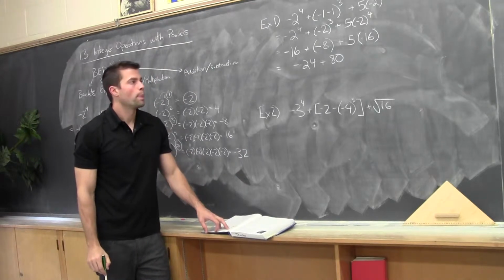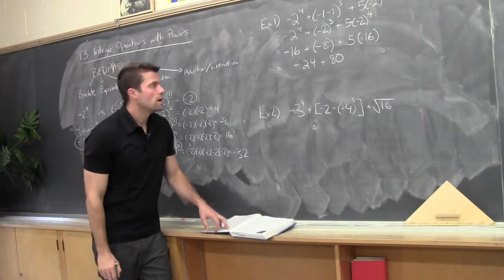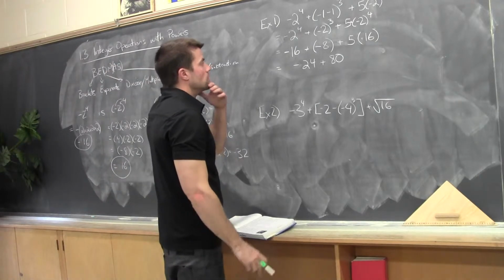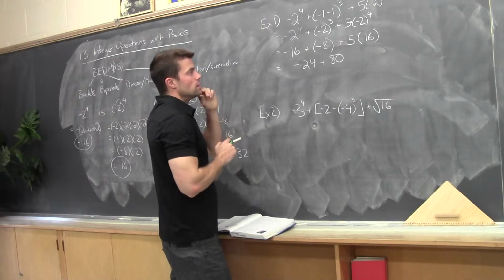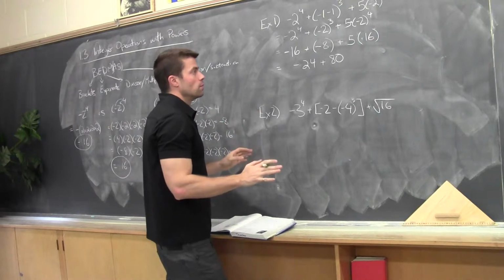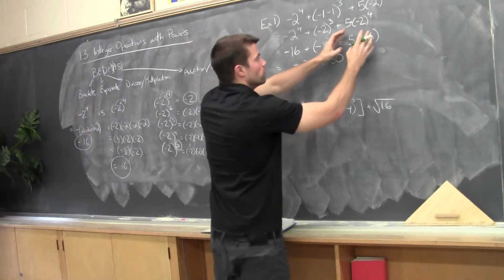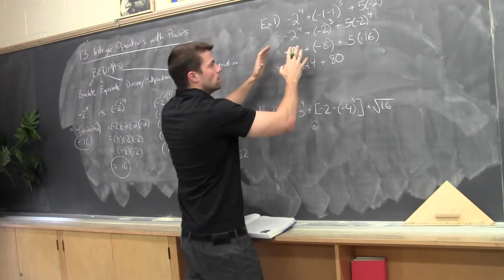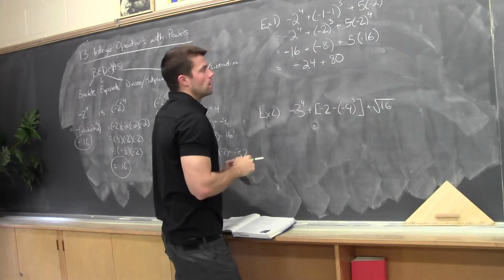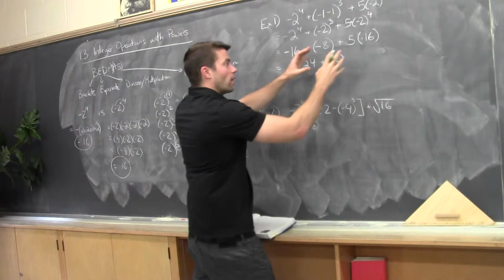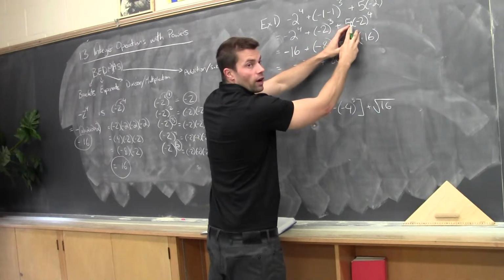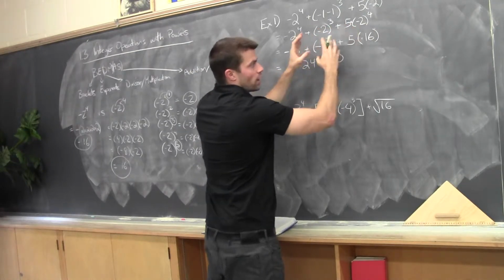Don't you have to do the multiplication first? In this case, I don't think it'll make a difference. It doesn't make a difference, but you're right. Because of BEDMAS, you would deal with this first. But you can end up the same way. I don't know how I can explain it. Like I know I'm not adding anything to the 5. So I'm doing them kind of at the same time.